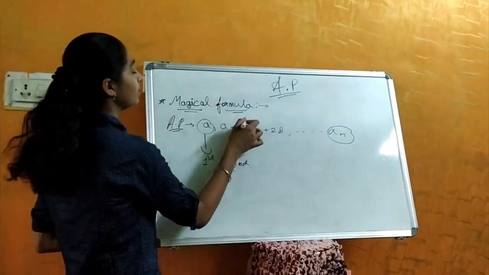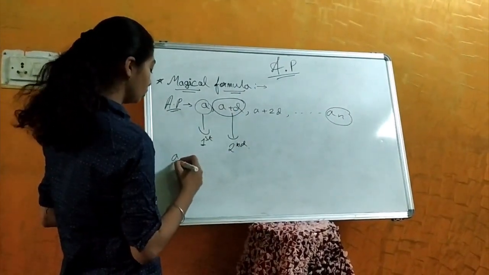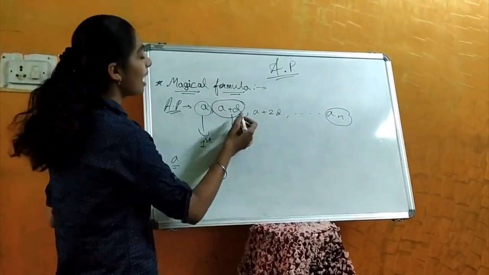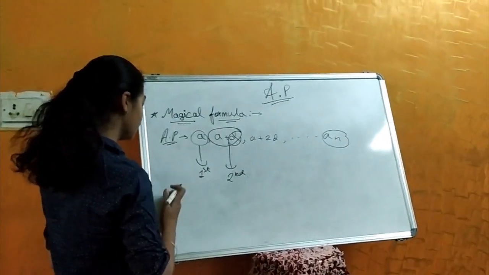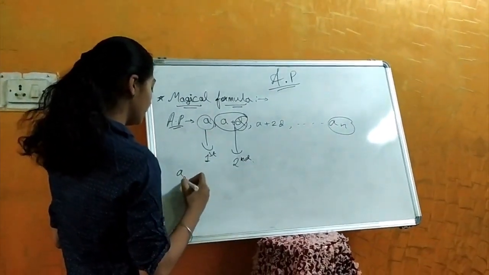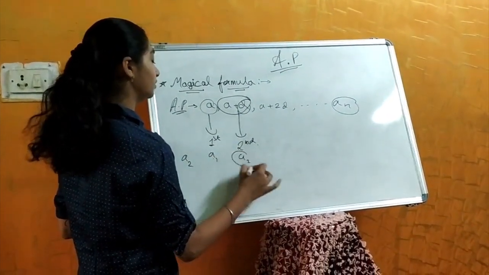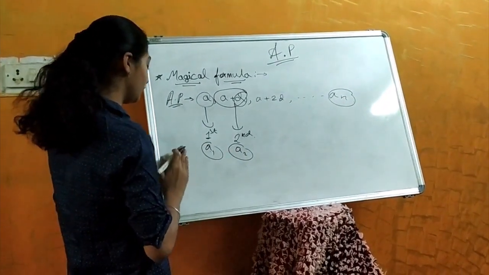Now you might be thinking, what is this a plus d? a you know, that is the first term. And you know that d means common difference. So a2, that is the second term, and this is a1. Okay. Now how will we find a2 here?